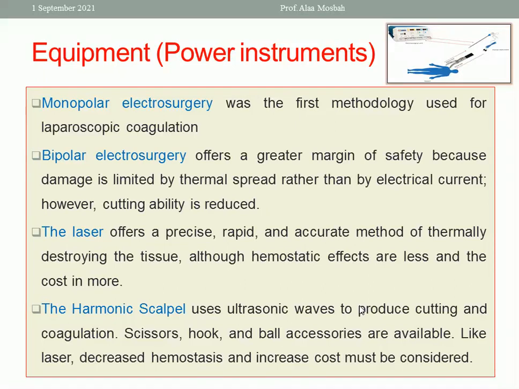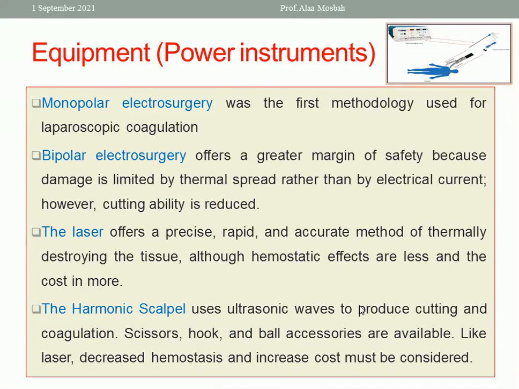What about the power instruments? We have the monopolar electrocautery, which was the first methodology used for laparoscopic coagulation, then bipolar electrosurgery was developed, which is safer than monopolar and gives a greater margin of safety because damage is limited by thermal spread rather than by electrical current.